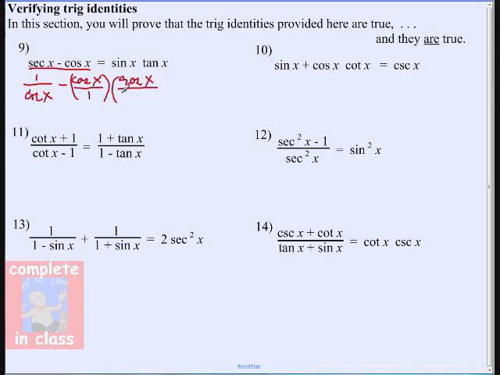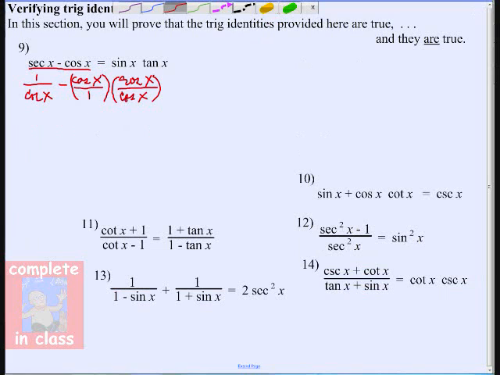Be nice if you could read it, huh? Sorry about that. Gee, I think I'm going to have to rearrange things a little bit here. All right, so this will give me everything over cosine x. And this will become 1 minus cosine squared x.